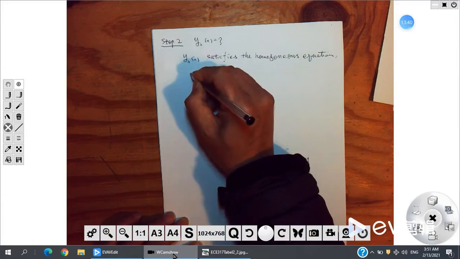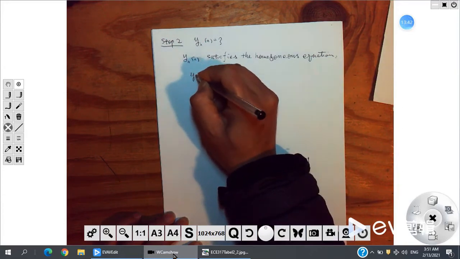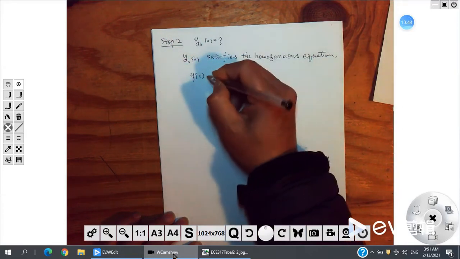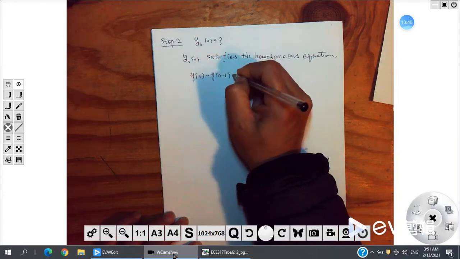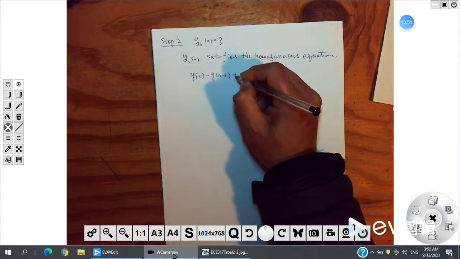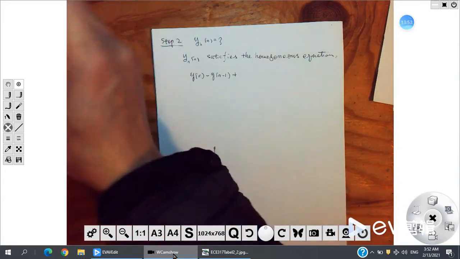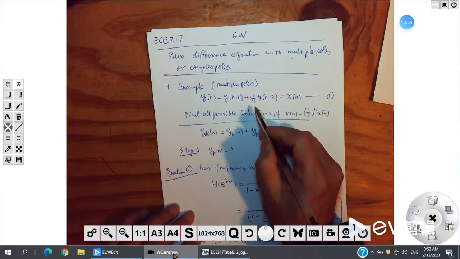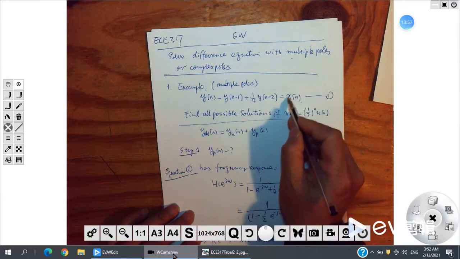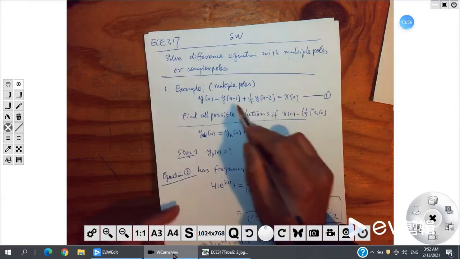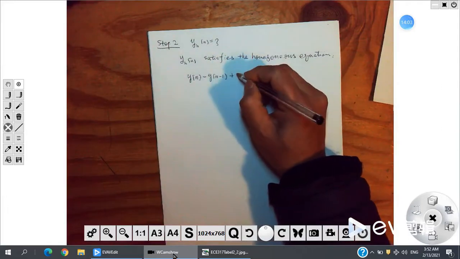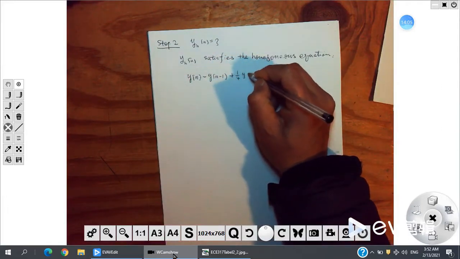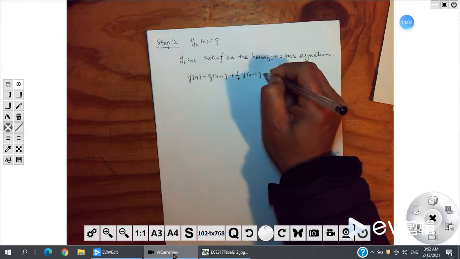So this is just the original equation, but remove all the x terms. So remove this x to be 0 and keep this part: y of n minus y of n minus 1 plus 1/4 y of n minus 2 equal to 0.